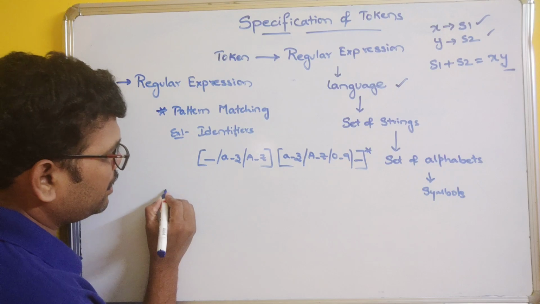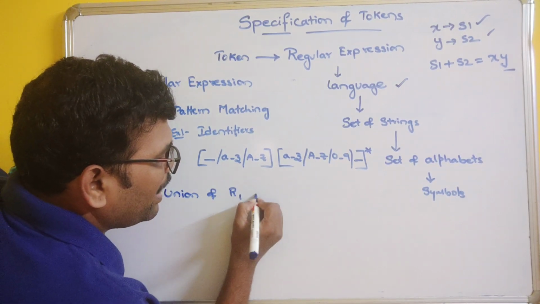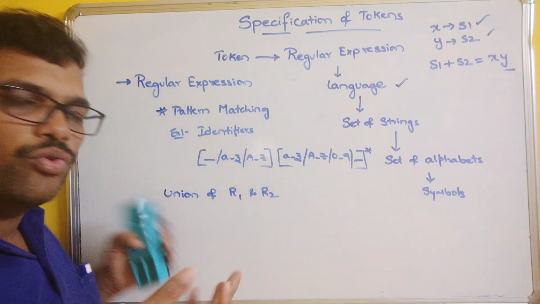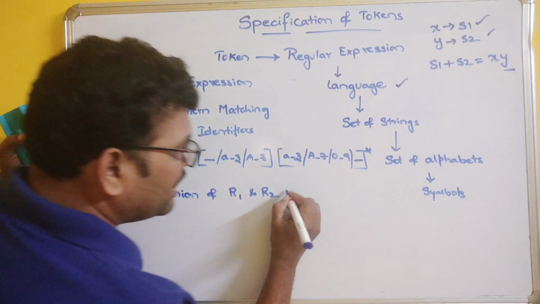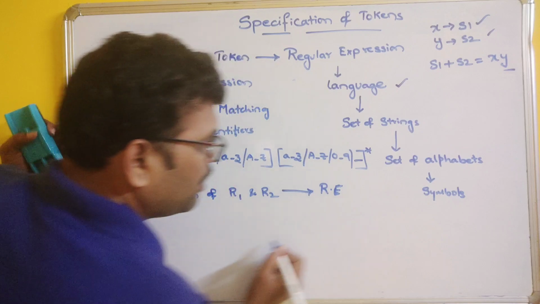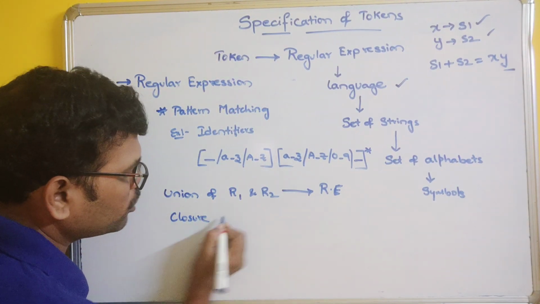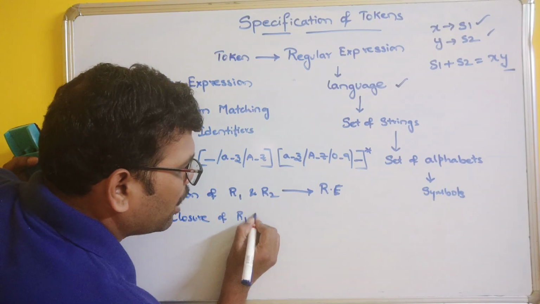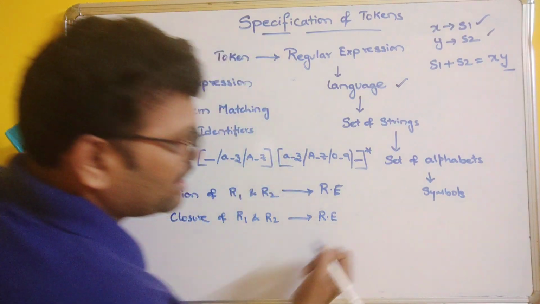See, the union of R1 and R2, assuming both are different regular expressions, also gives a regular expression. Similarly, the closures of R1 and R2 also give regular expressions.